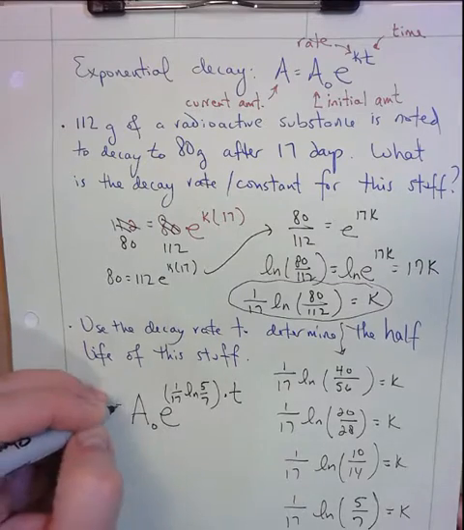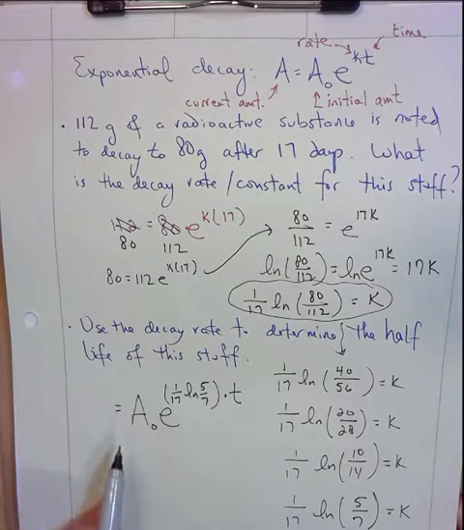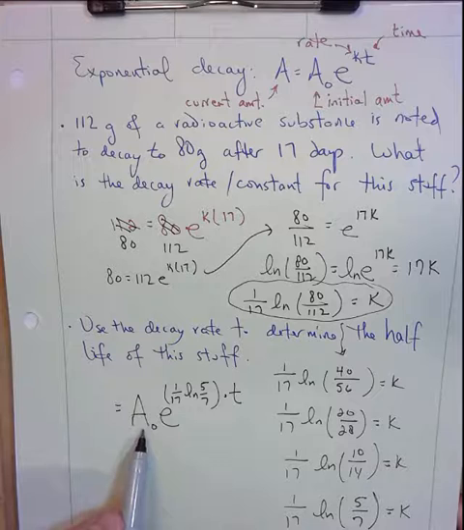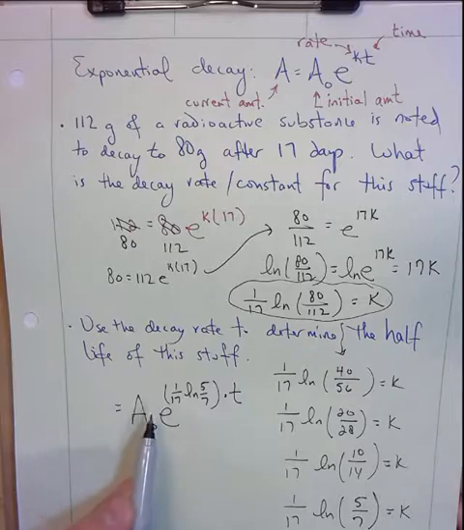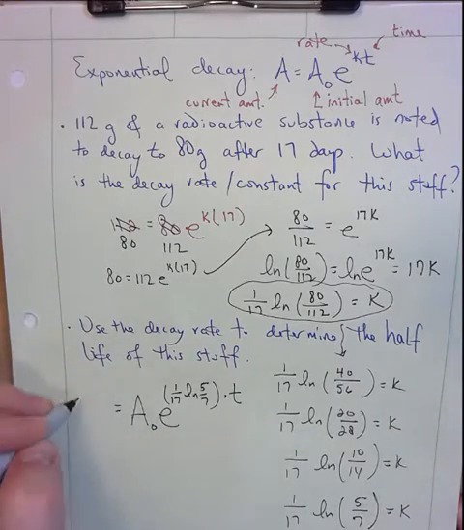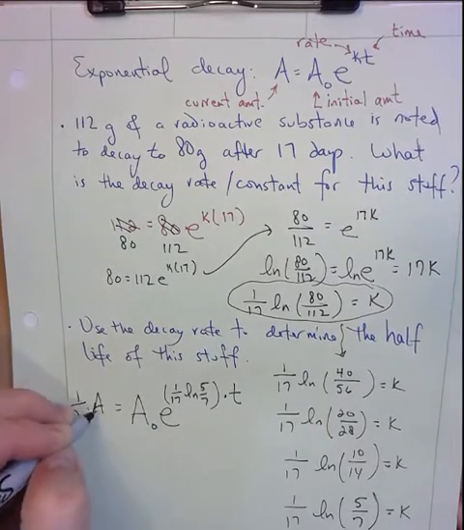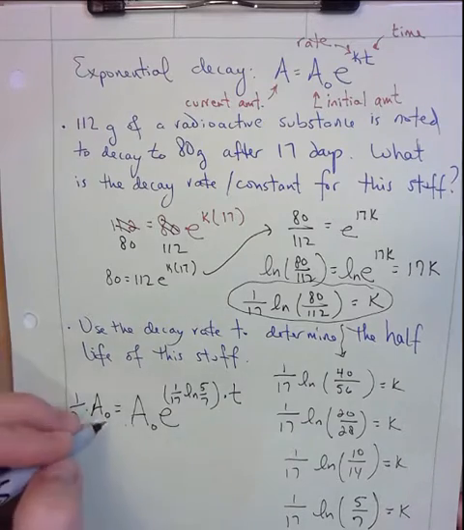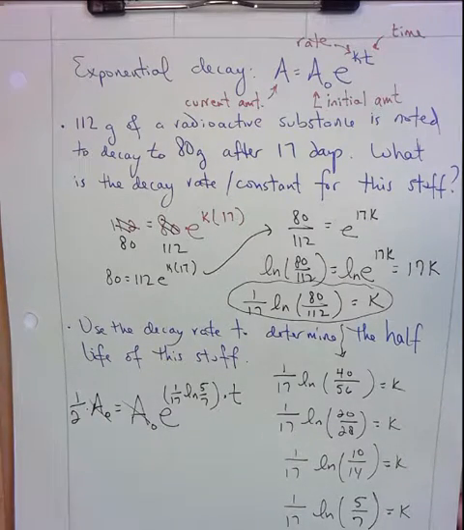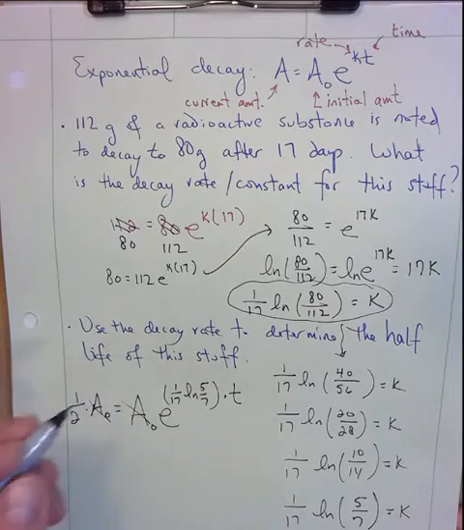If I'm investigating half-life, I'm asking a question: if I started with this much, how long does it take to decay to half of that? That means starting with this value, I want the resulting value to be 1/2 of that, and then boom, the A0s cancel. So to investigate half-life, I don't need to worry about a starting amount.